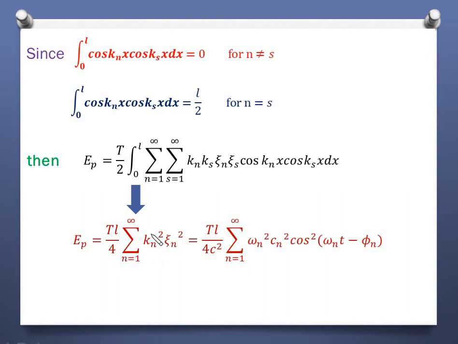Now Kn we know, Kn is omega n upon C. So we have C square here, omega n square. Substitute the value of n.